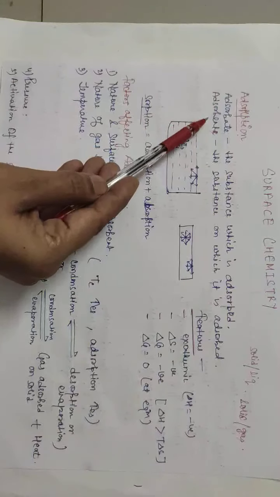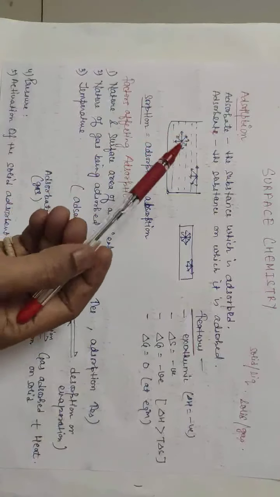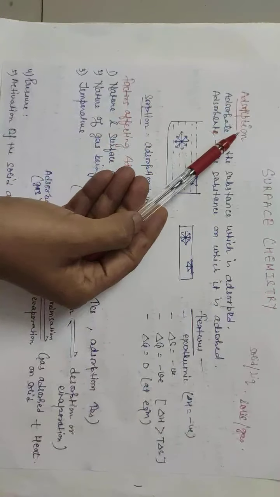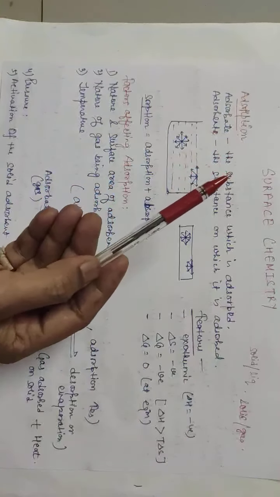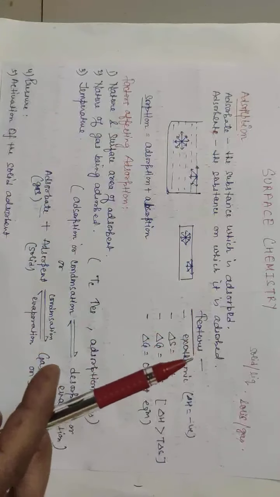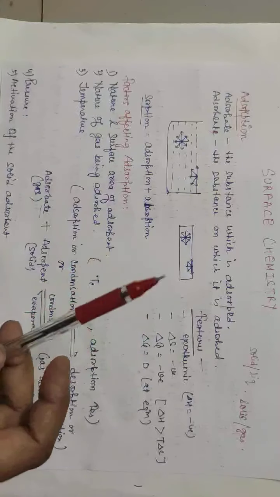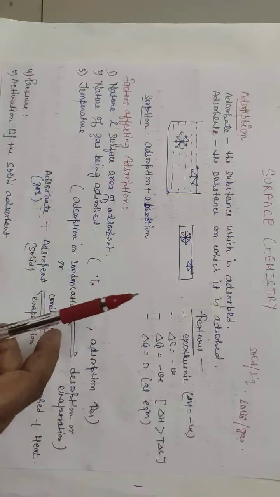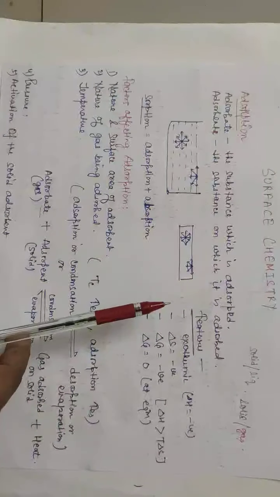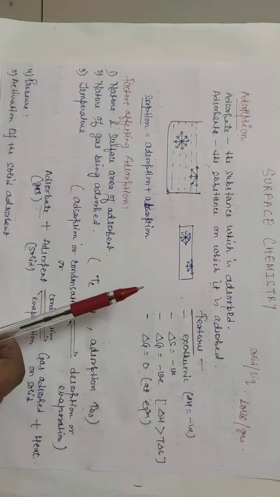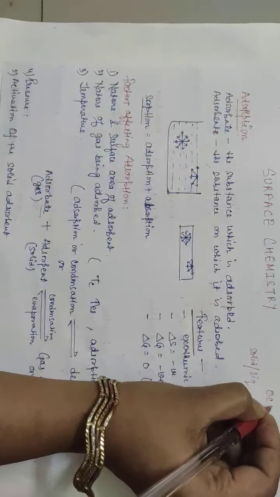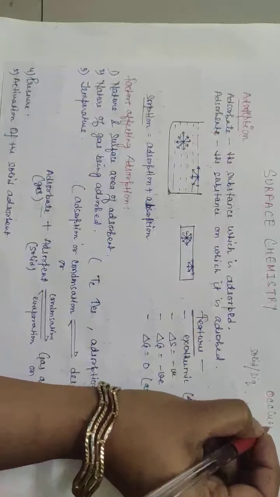A similar process but just the reverse of adsorption is known as desorption. Desorption means removal of the adsorbed substances from the surface of the adsorbent. If we are using a metal as adsorbent, then the adsorption of gases on the metal surface is named occlusion.